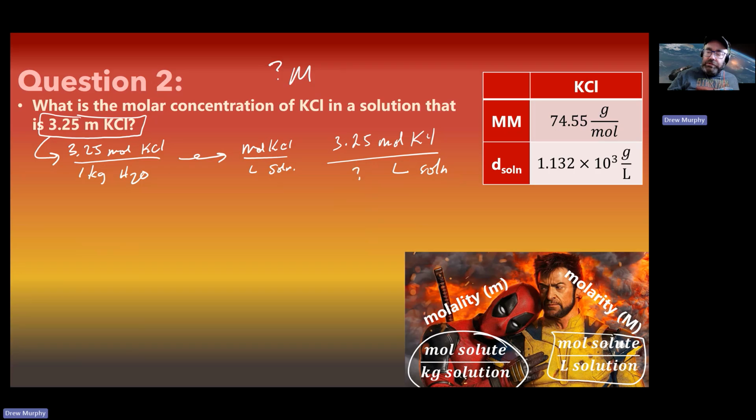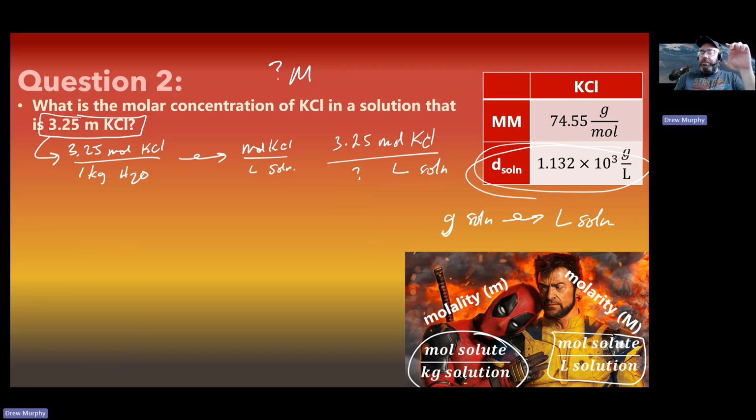So we don't know this. What we need to know to get liters of solution is the total mass of solution, and I'm giving us the density of solution as a hint. So our plan is to take grams of solution and take that to liters of solution.